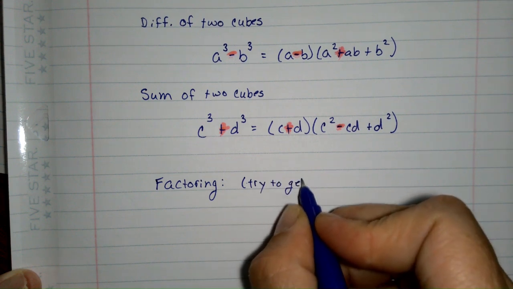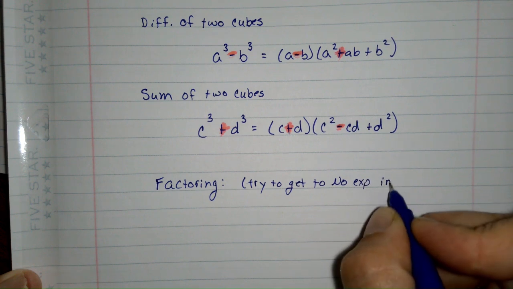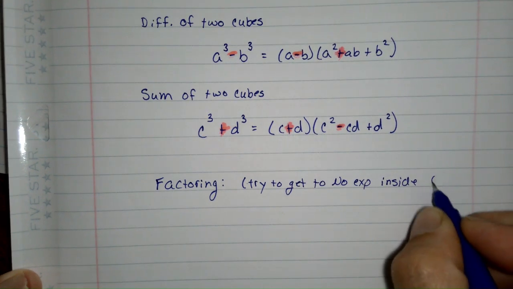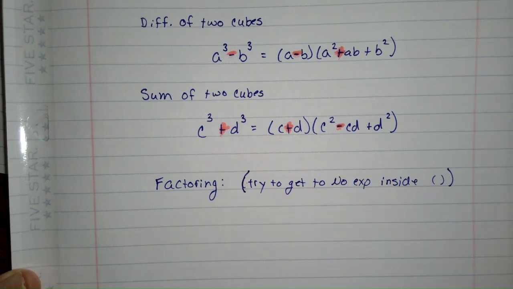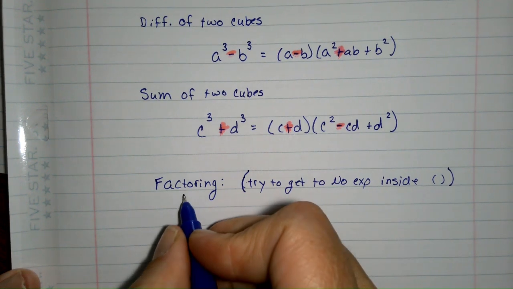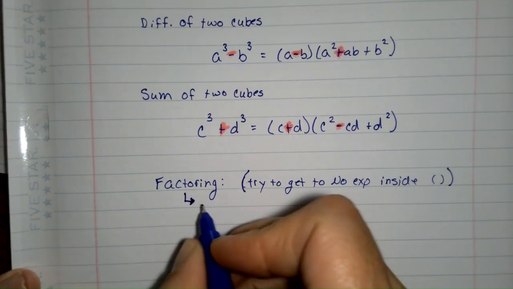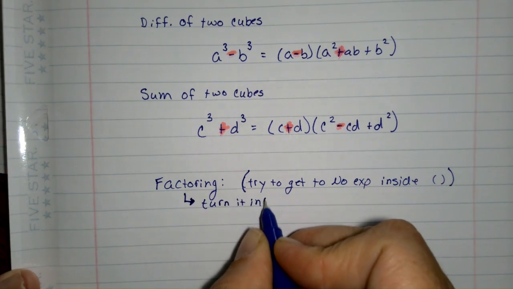Try to get to no exponents inside your parentheses. That's your goal. Okay, turn it into a multiply problem. That's actually what factoring is, turning it into a multiply problem.